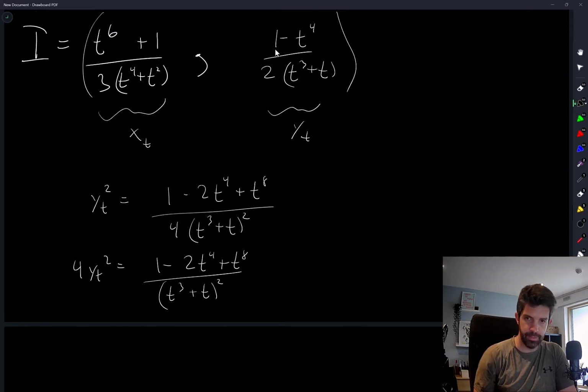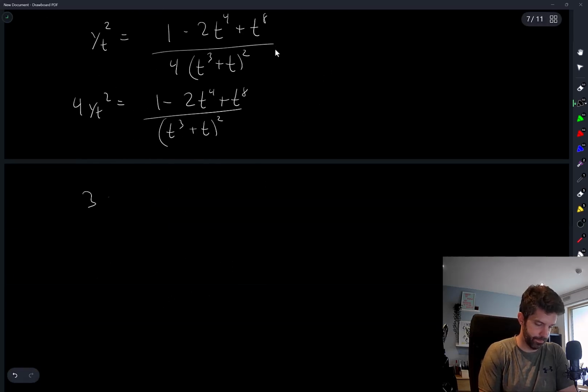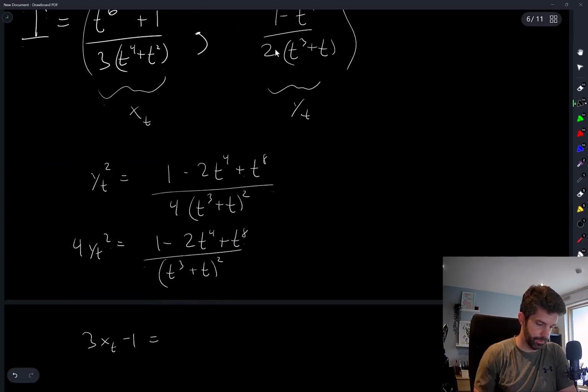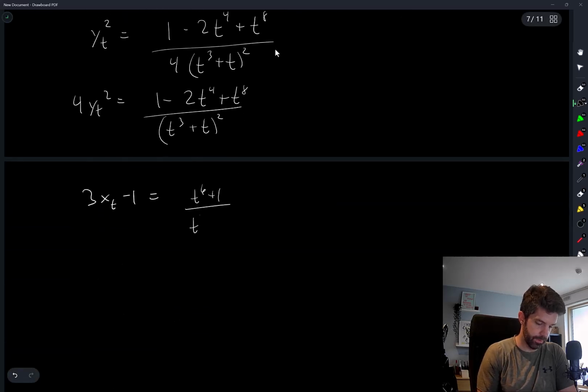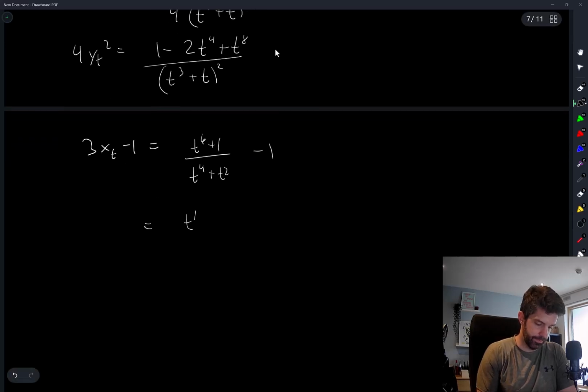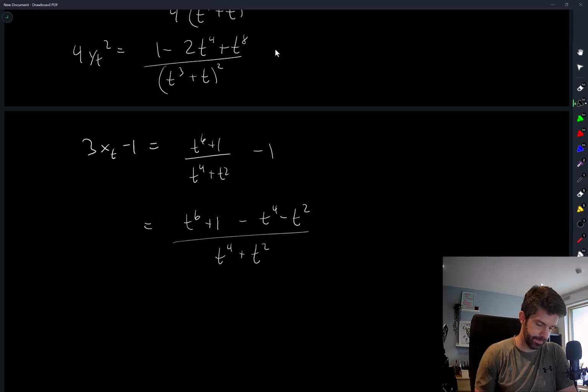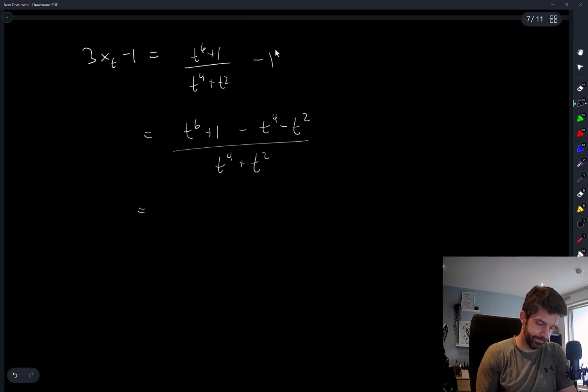And 3xt minus 1 is equal to t to the 6 plus 1 over t to the 4 plus t squared, like that. T to the 6 minus t to the 4 minus t squared plus 1 divided by t to the 4 plus t squared.